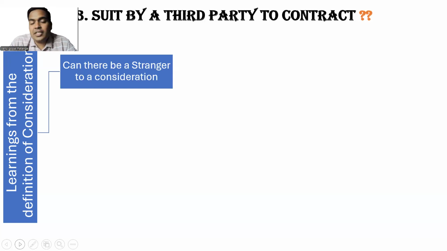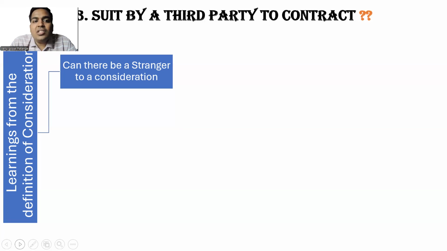Please keep that in inverted commas, any other person. So, A is selling a car to B. B can pay the money to A, or a stranger, someone like C or D, can also make the payment to A. The amount has to be at the desire of the promiser.